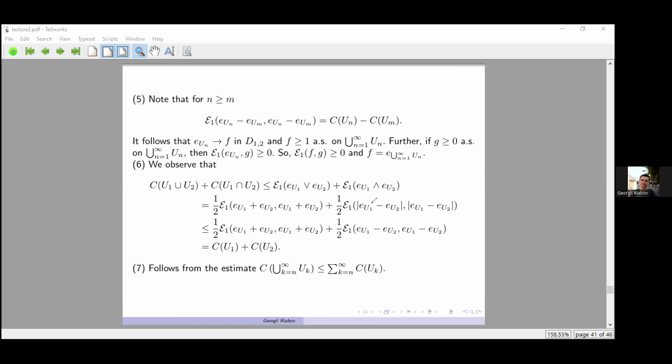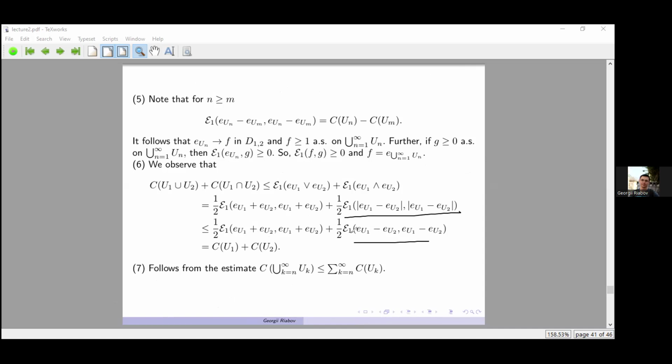Which means in particular that E1 norm of the absolute value of the difference of EU1 and EU2 is less than E1 norm of the difference of EU1 and EU2. So we get the estimate in the third line.